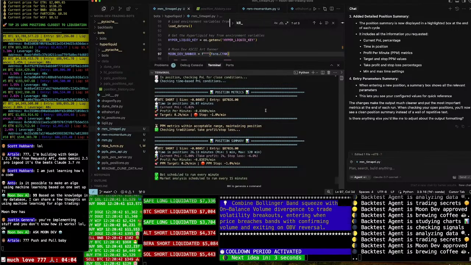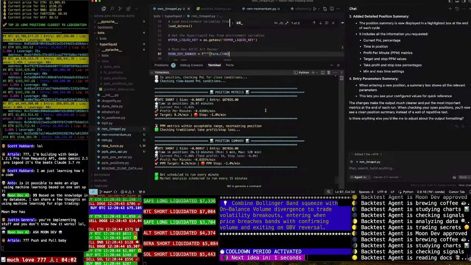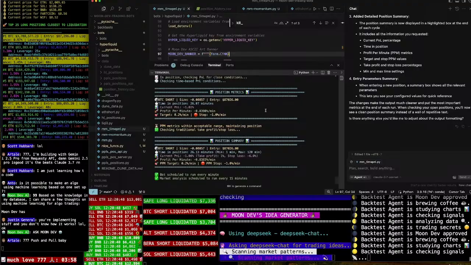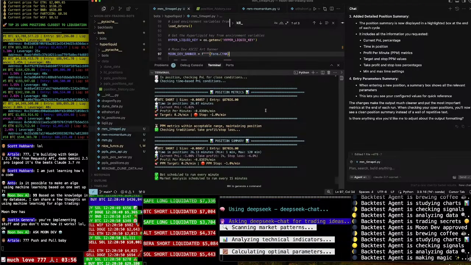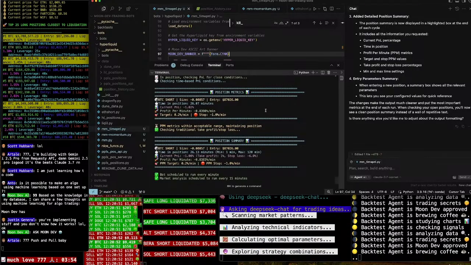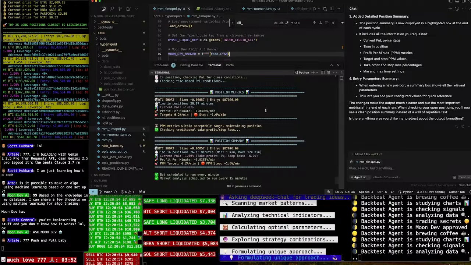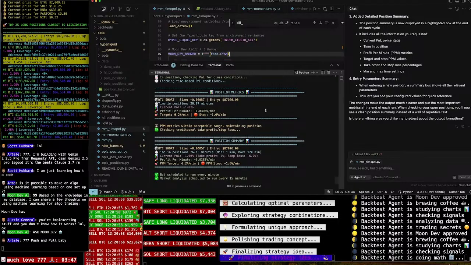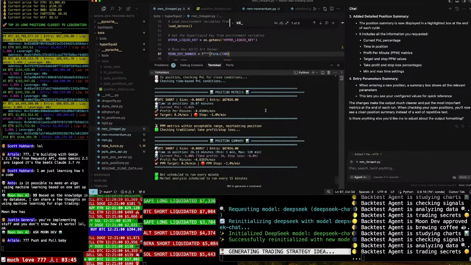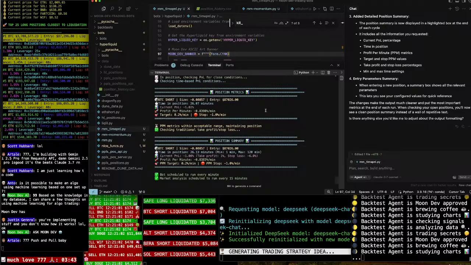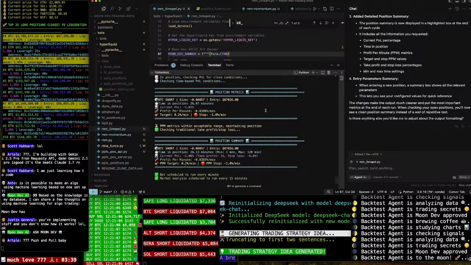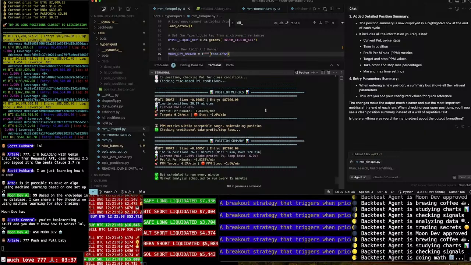Okay, so you can see here 26 minutes, 1 minute min, 120 minute max. Current P&L is negative 1%. Take profit 1%. Stop loss negative 6%. Profit per minute is negative 0.03. The profit per minute target is 0.2%.